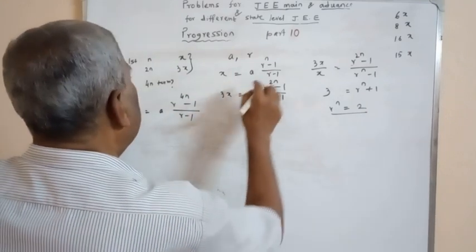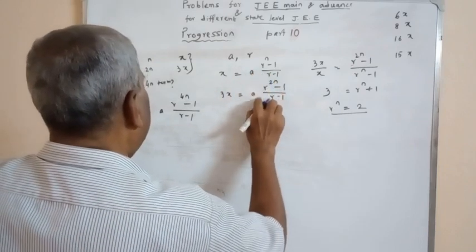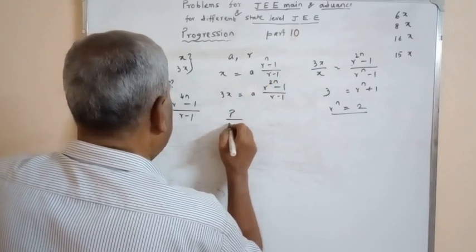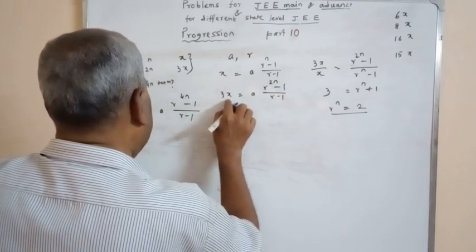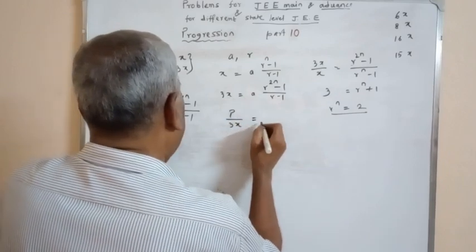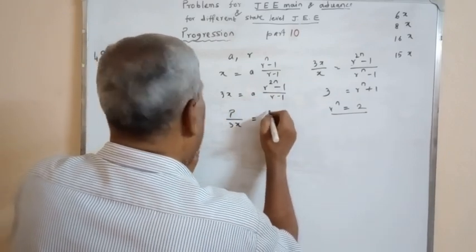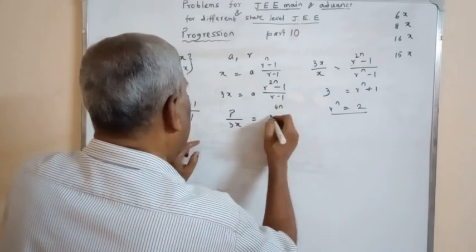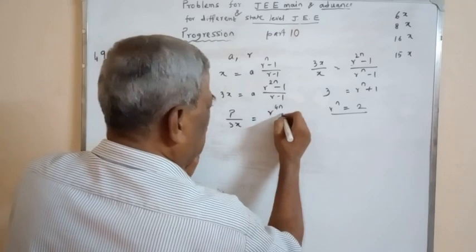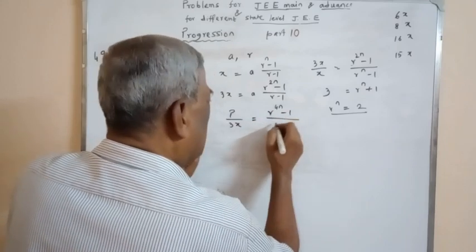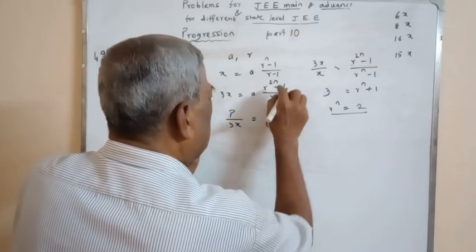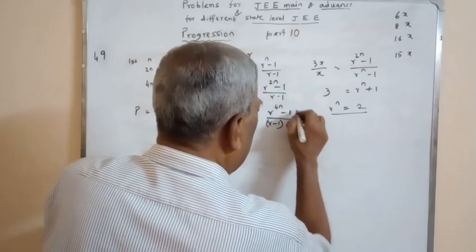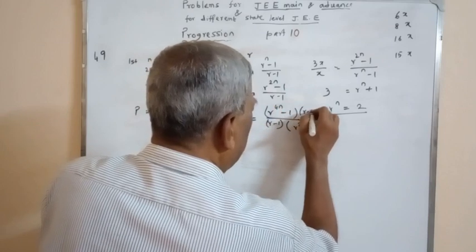Now dividing this by that, P by 3x is equal to, A cancels, r to the power 4n minus 1 by r minus 1 divided by r to the power 2n minus 1 by r minus 1.